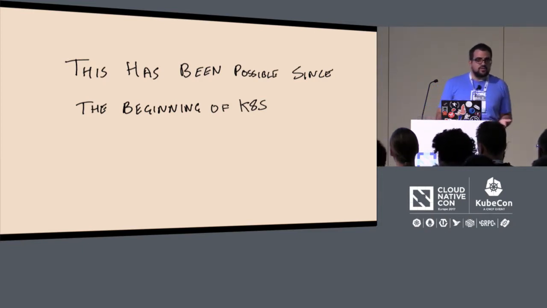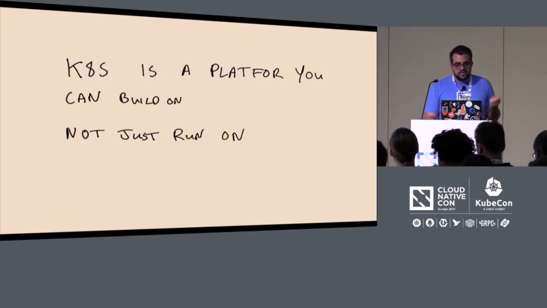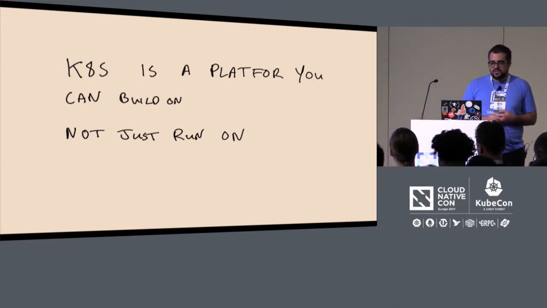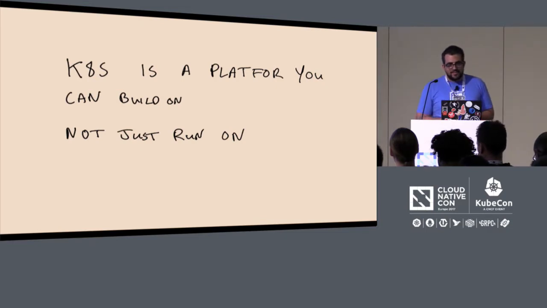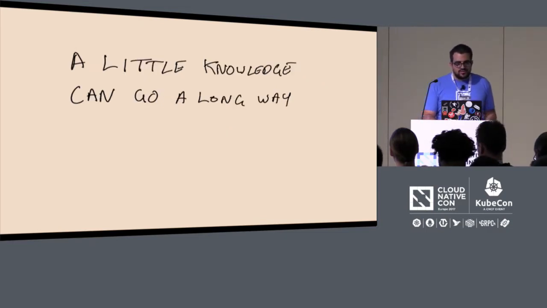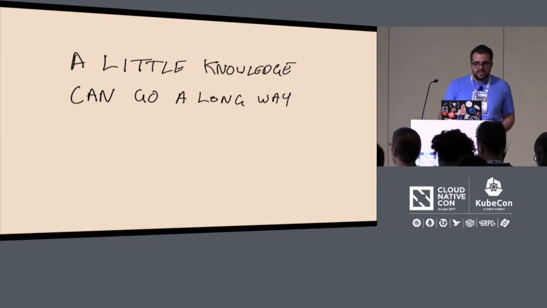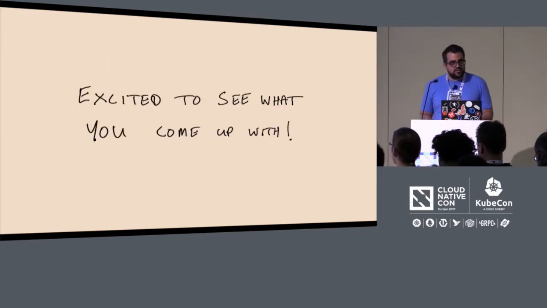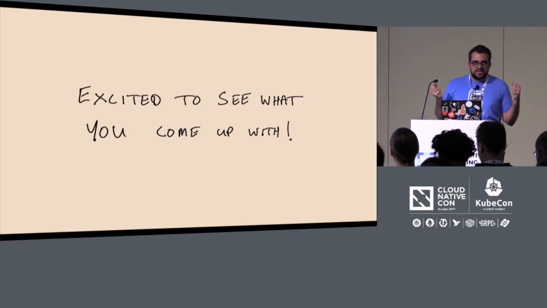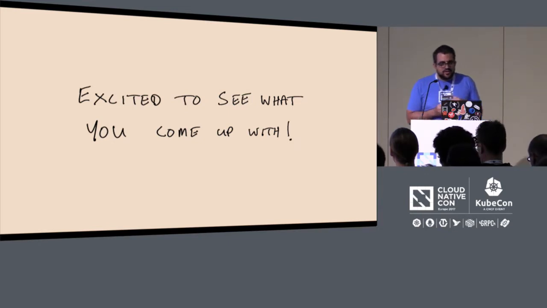And I really, really want other people to think about the kinds of things that you can do with this, and remember that Kubernetes is a platform. It's a platform that you can build on, not just run on. A little bit of knowledge can go a long way, and I'm really excited to see what other people come up with. I came up with this, which is not that great, but this platform is really powerful.